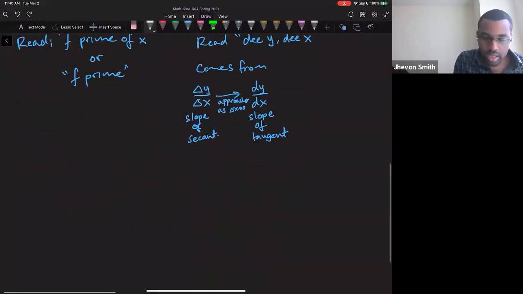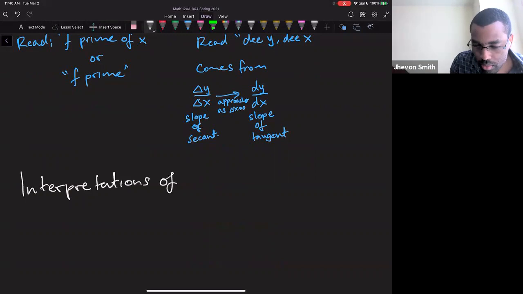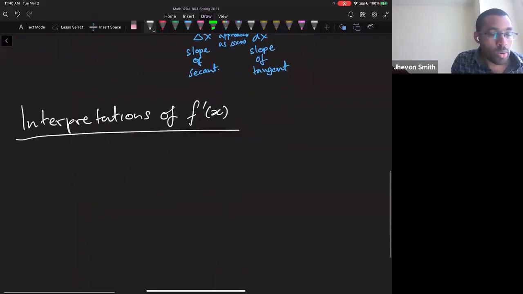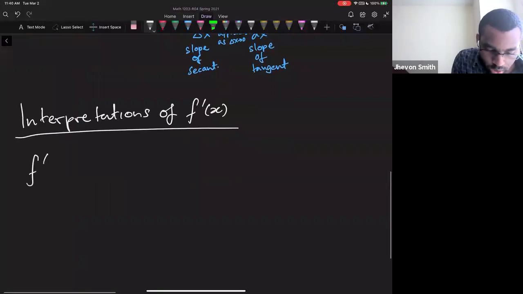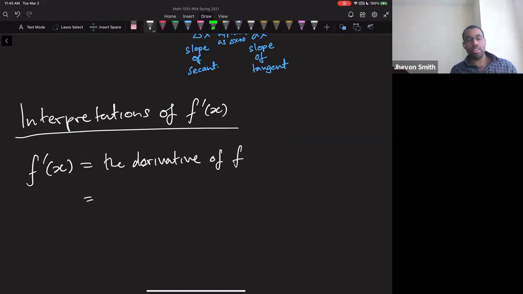One other thing, just to hit home what we spoke about last time, interpretations. Okay, so when we say f prime of x, what do we mean? What are we talking about? Yes, this is the derivative of f. But what does it mean to be the derivative?